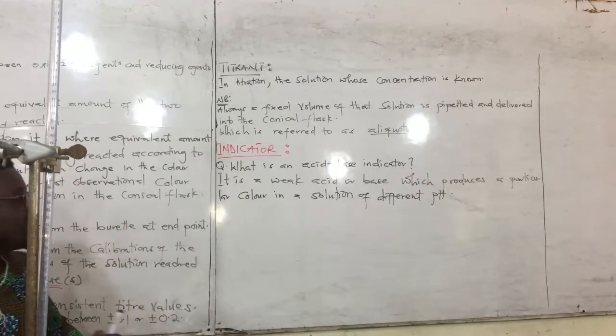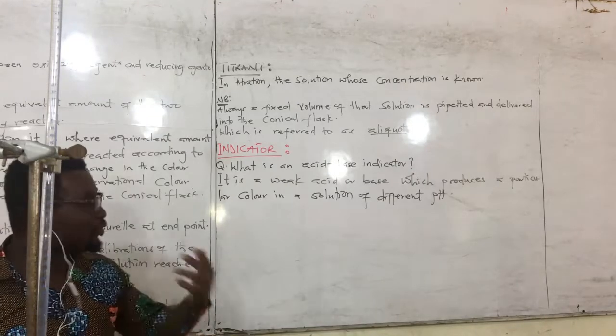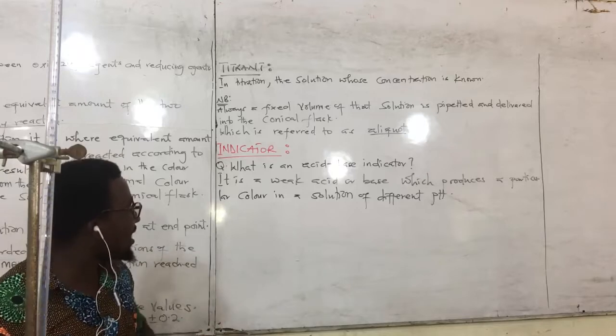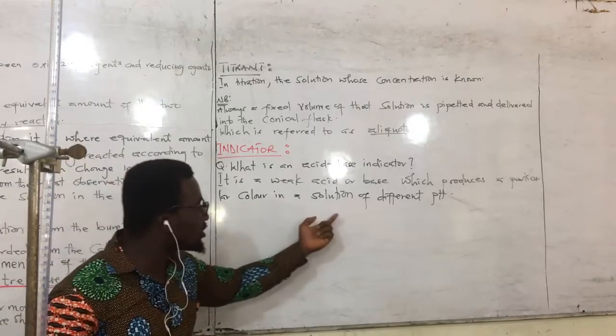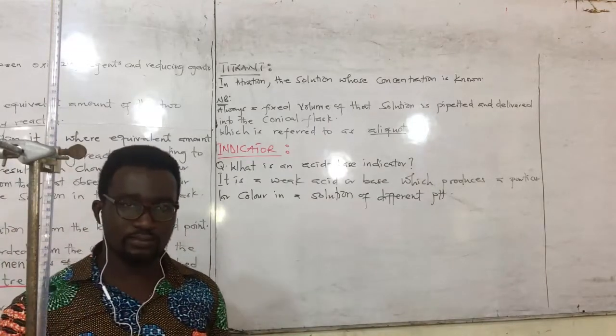So what is an acid-base indicator? It is a weak acid or base which produces a particular color in a solution of different pH.